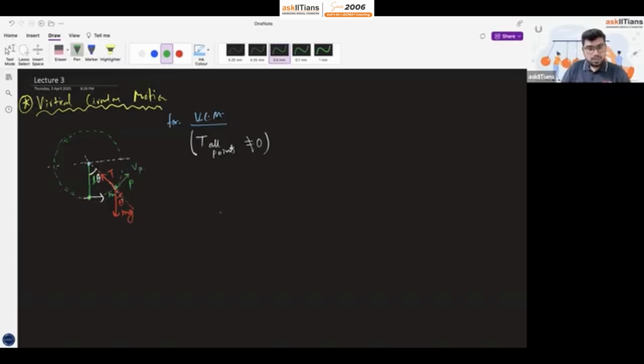So here I can just draw the free body once again. This is point P. This is the line along which the tension is acting, and mg is acting vertically downward. And this is going to be theta.